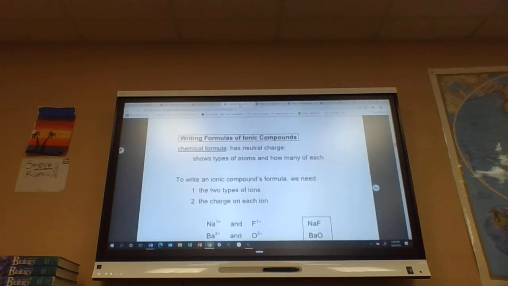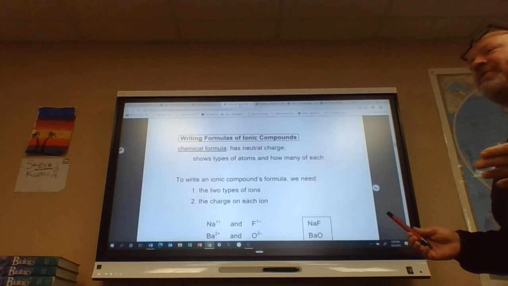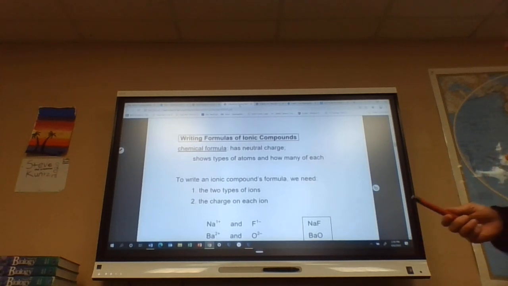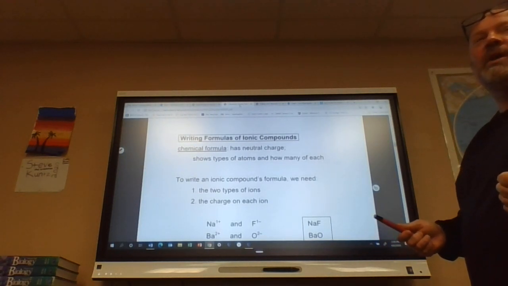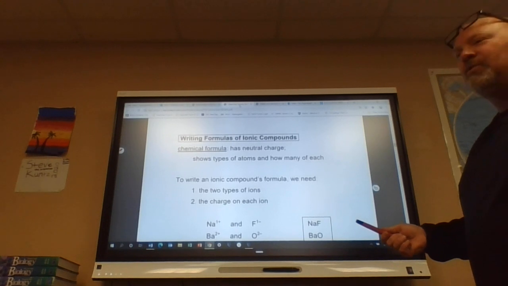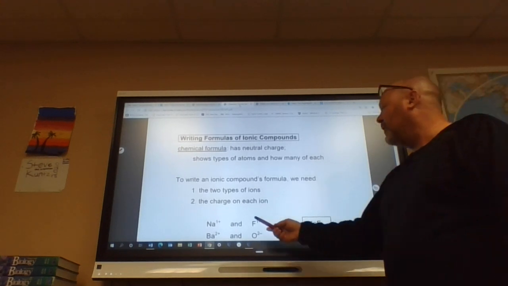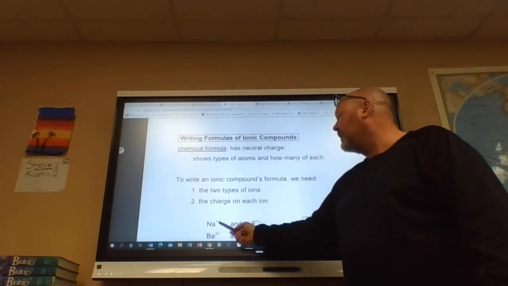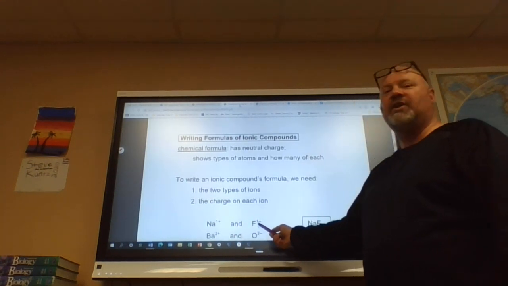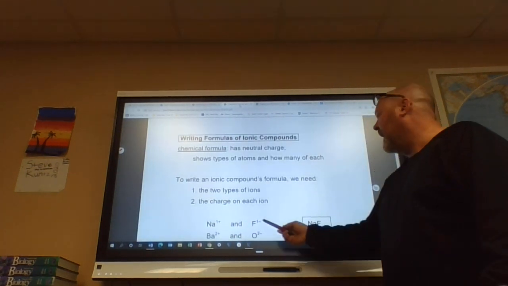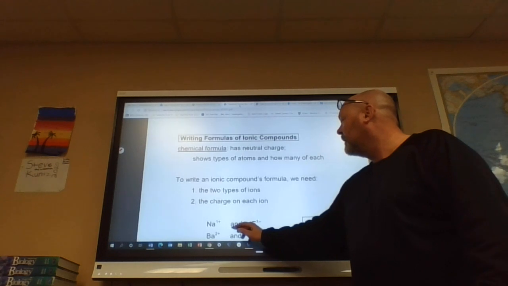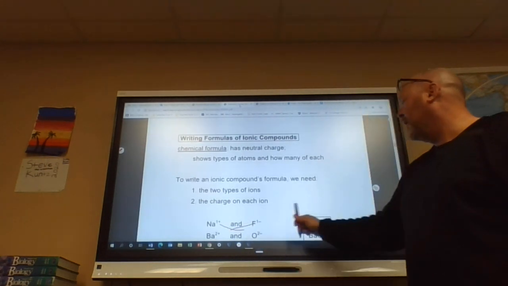Now, like I said, we want them to balance out. So if I have a +1 charge on one side, I have to have a -1 charge on the other. So sodium's charge is +1. Fluorine's charge is a -1. I do a crisscross rule and get a 1 and 1.